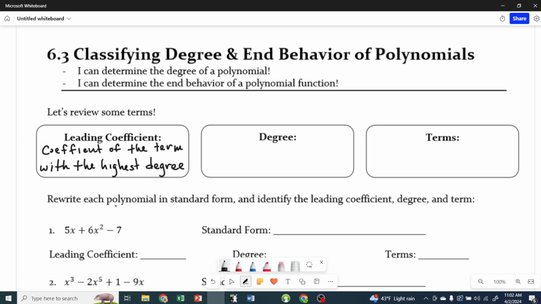The degree of a polynomial is the highest exponential value, or highest exponent value, in the polynomial.